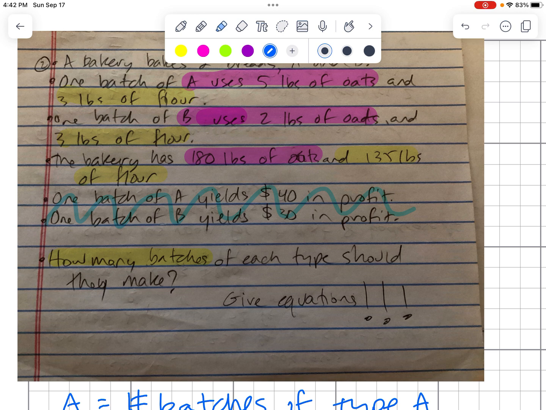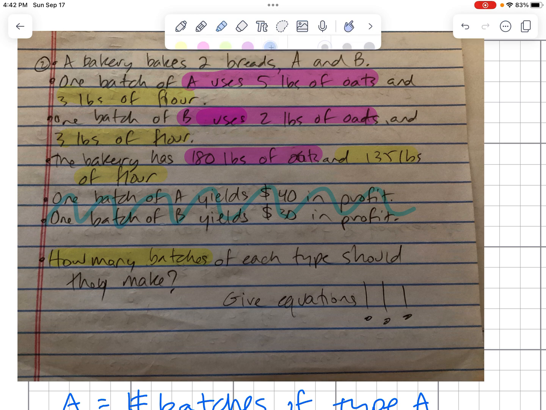And for every batch of type B, I get $30 in profit. Okay, this will give us what we call the objective function, our goal. Okay, and so we need to write this down somewhere. I'm going to go to the second page, but I'll give it to you verbally right now. Our profit P will equal the profit we get from batches of A plus the profit we get from batches of B.